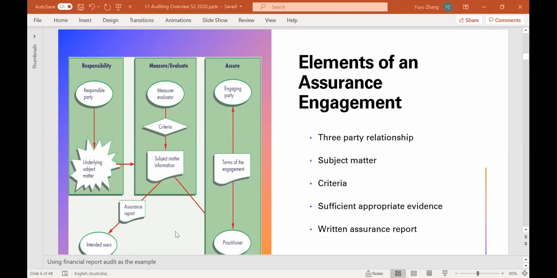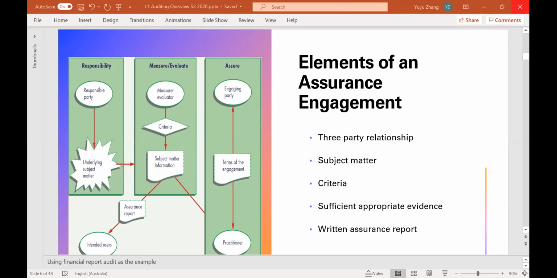Okay. So the third one, criteria. When we are doing auditing or assurance, do you know what could be the criteria? It's like the auditing standards will be the criteria auditors use. Materiality is part of the contents included in the criteria, but it's not the criteria itself.